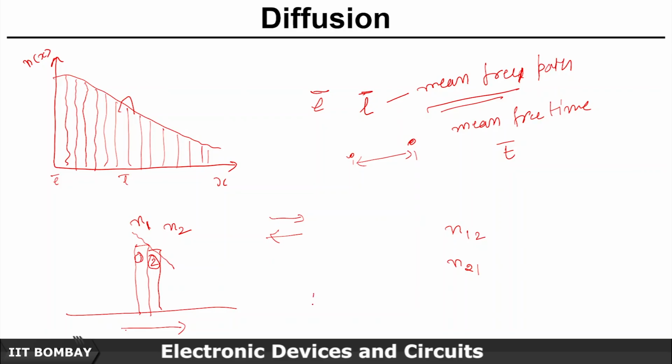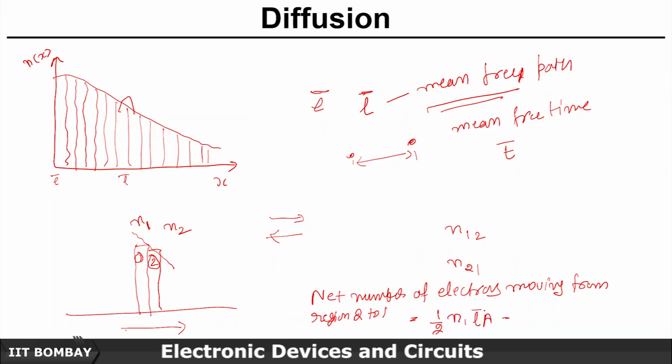So the net number of electrons, and of course it is applicable to holes as well, is equal to half N1 L bar A minus half N2 L bar A. A is the cross-sectional area of this region or whatever semiconductor or material we are using here, and L bar is this distance.